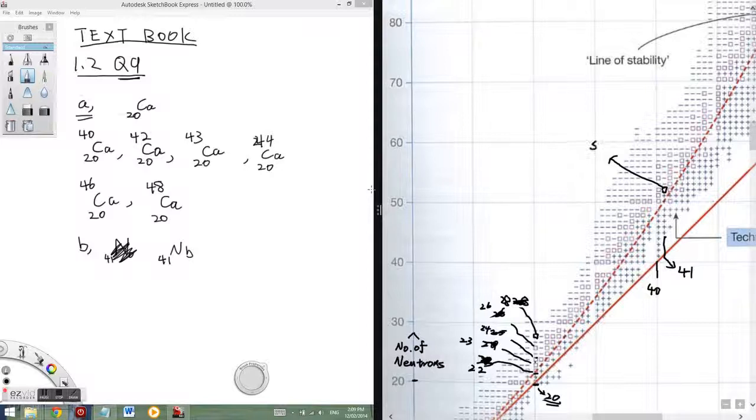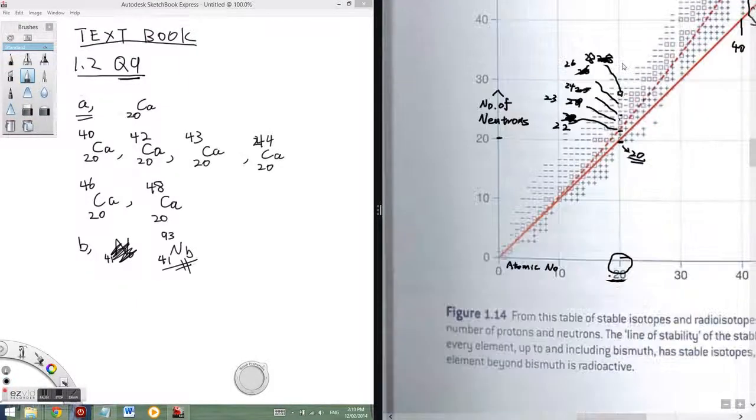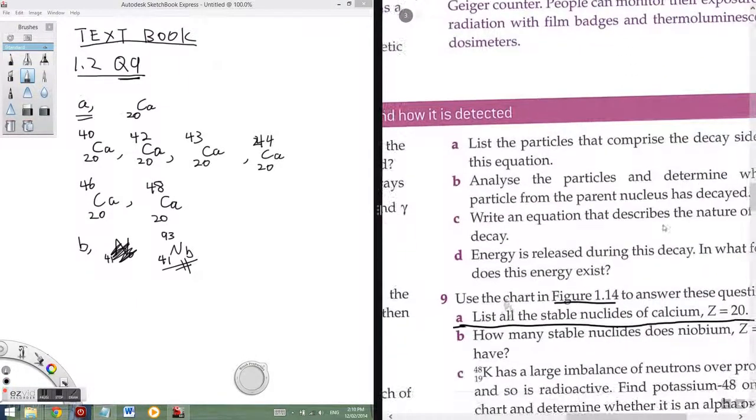So we have 41 protons and 52 neutrons. The mass number will be 41 plus 52, 93. So this is the stable isotope of niobium.